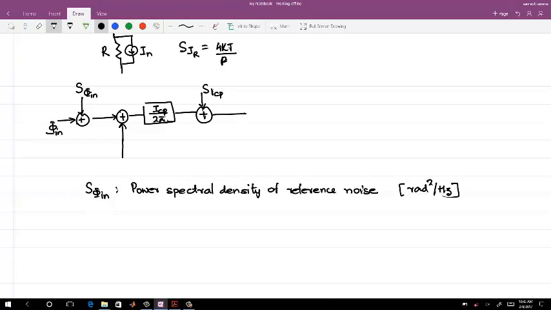The thing is, I need to find where all this noise is added in the loop, and then find the contribution of these noise sources to the output. Right now I'm just finding all the noise sources in the system. This one is the charge pump noise. Then you have a resistance noise.